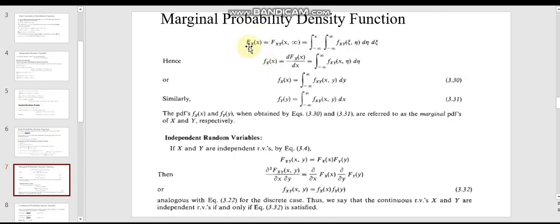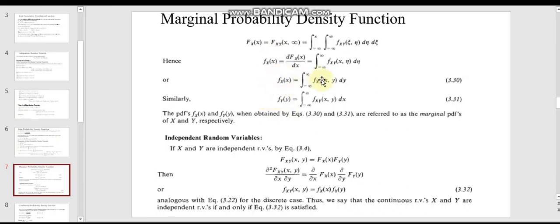By taking the derivative of the marginal CDF of x with respect to x, it gives the marginal PDF of random variable x. Similarly, we can get the PDF of the random variable y.